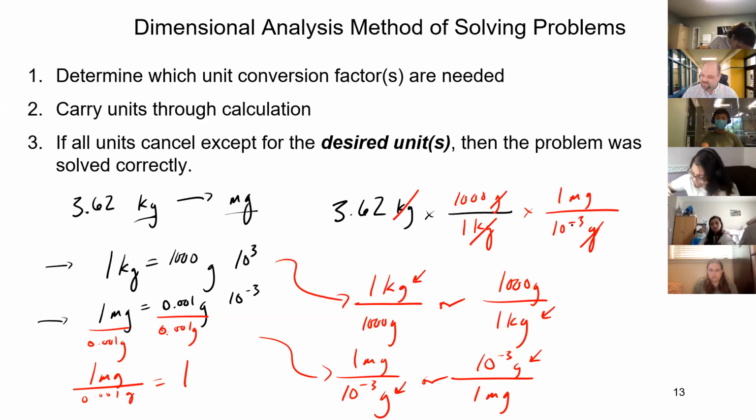If you're going to type this into your calculator, be sure that you type 1 times 10 to the negative 3. We tend to leave out that 1 times when we write it out like this, but our calculator is not quite as smart as we are. And so whatever my answer is, the only unit I have left is milligrams.